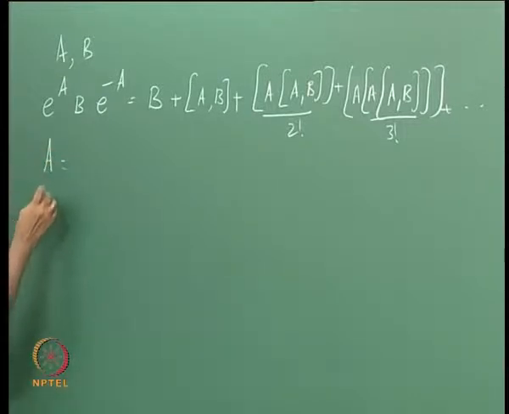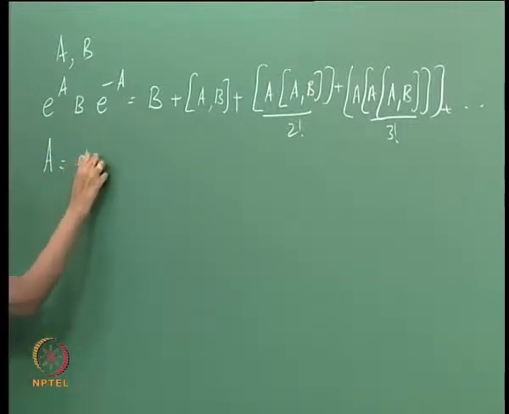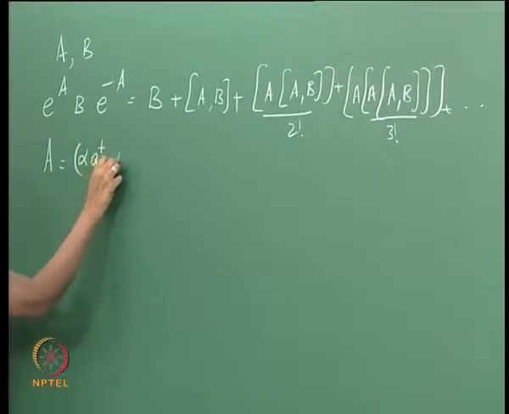In this problem, A is simply alpha a dagger minus alpha star a.